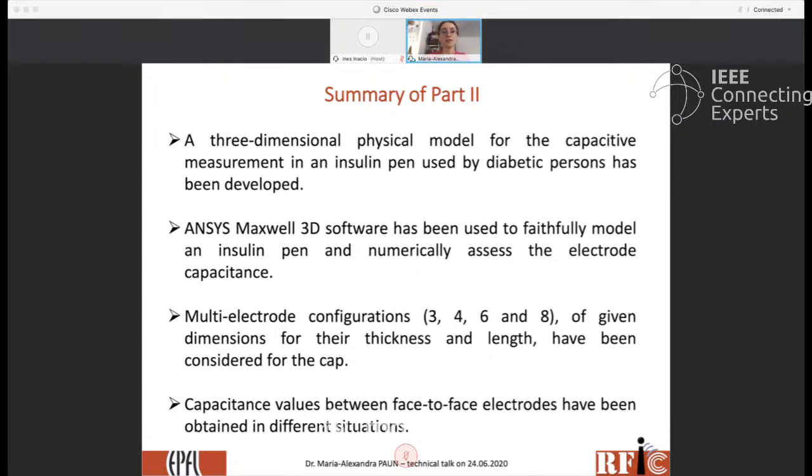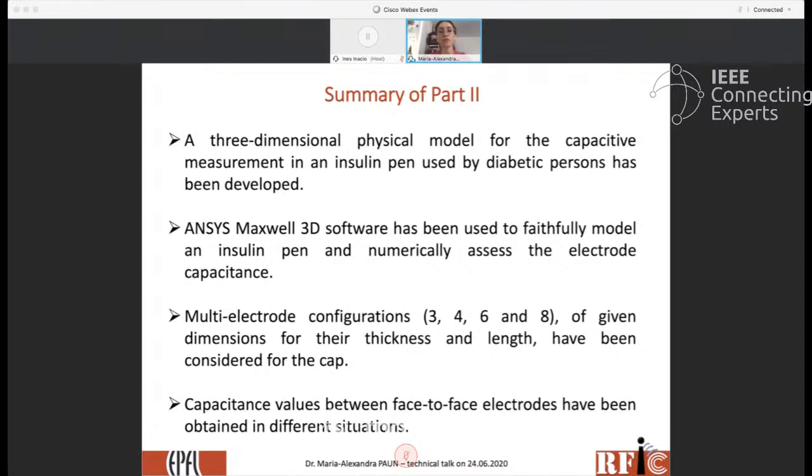I have used ANSYS Maxwell 3D software to faithfully model an insulin pen and to subsequently numerically assess the electrode capacitance, which is very much needed in the dose evaluation. You'll see there is a direct link between the dose and the capacitance. We have tried to look into multi-electrode configurations, 3, 4, 6, and 8.